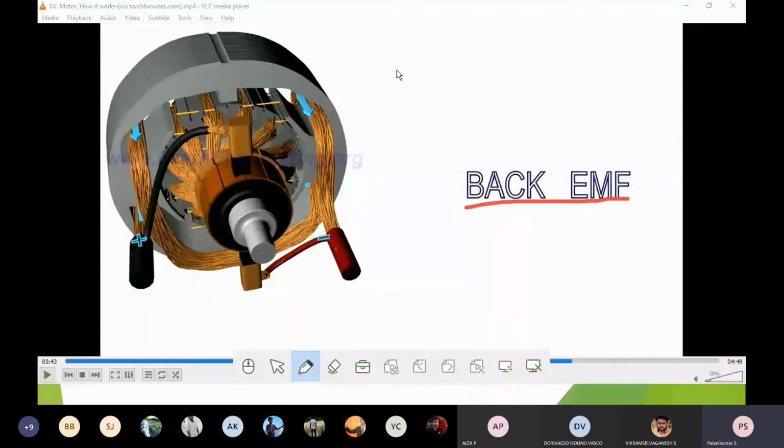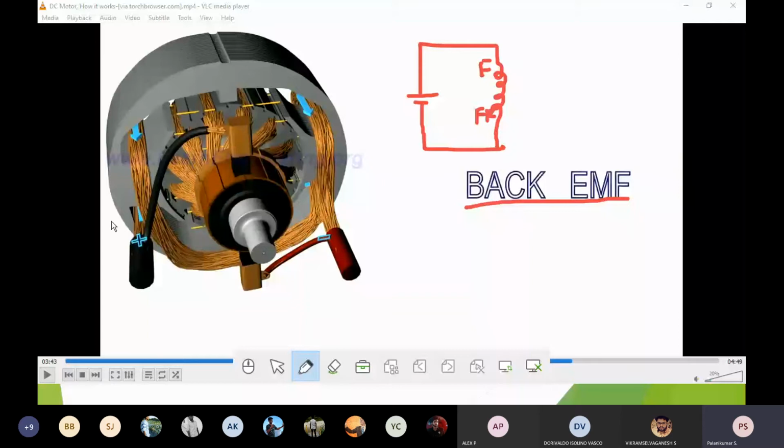In terms of a circuit diagram, I can explain this. Suppose I have a parallel connection. This is a field coil, on the stator side.